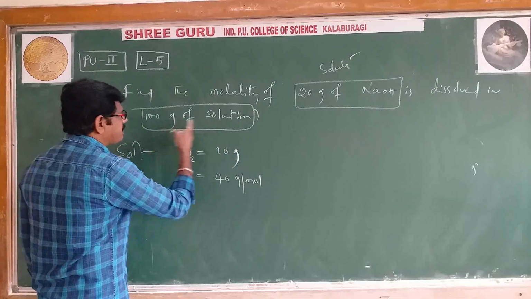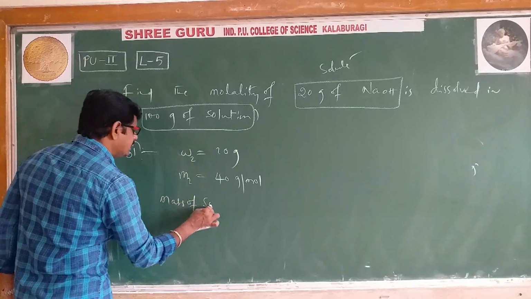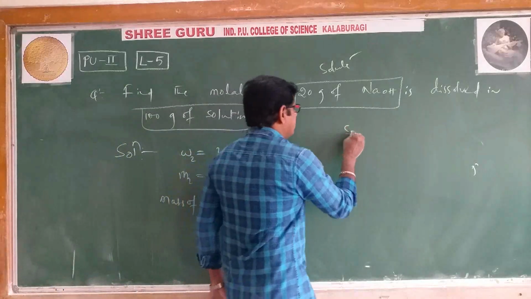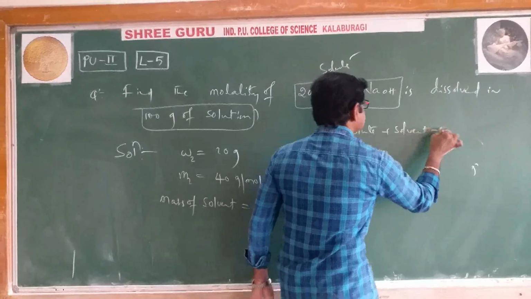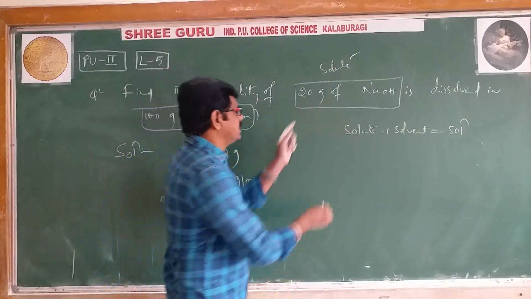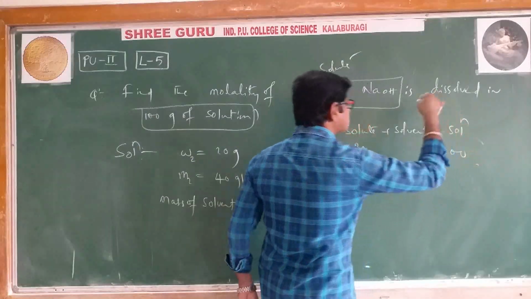Next, the important thing here is the mass of solvent, which we need. See, once again we'll go back: solute plus solvent is equal to solution. Here the solute mass is already known, 20 grams, and the solution mass is also known, 100 grams.